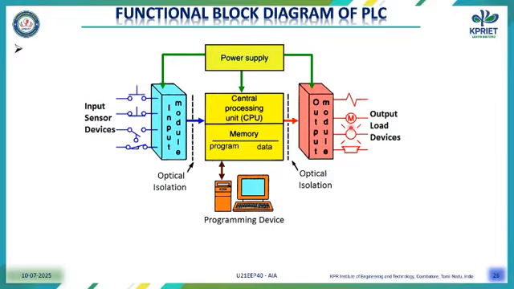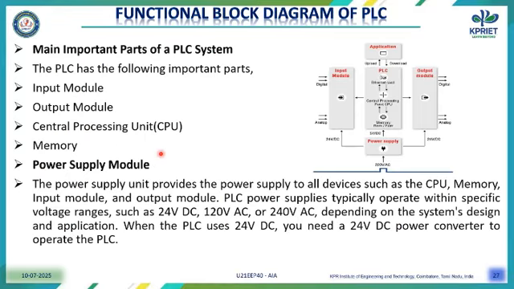Between the input and output modules, we use the central processing unit in the PLC. All three modules require power supply. The central processing unit is controlled through programming. Now we are going to see the power supply module.